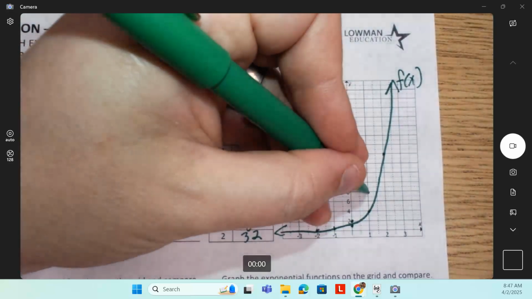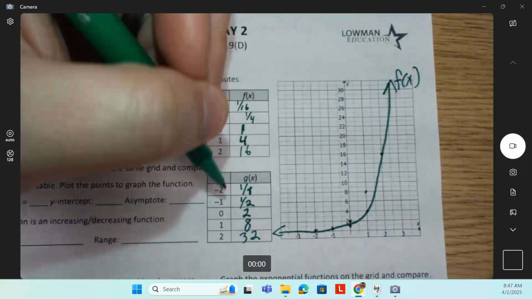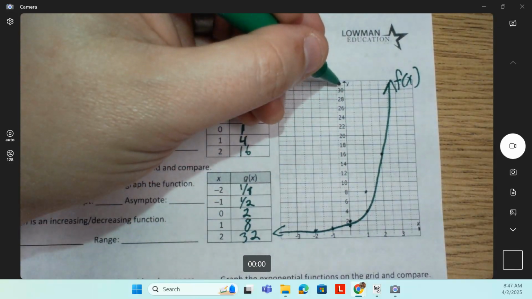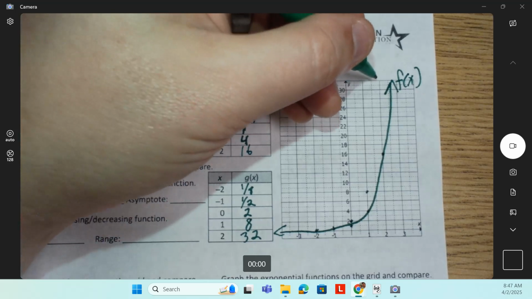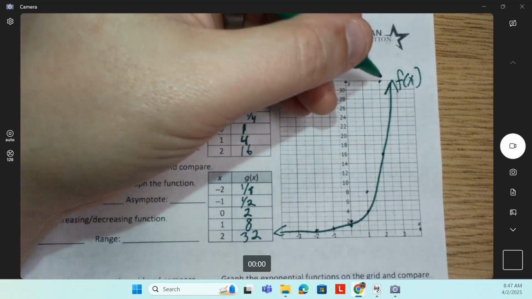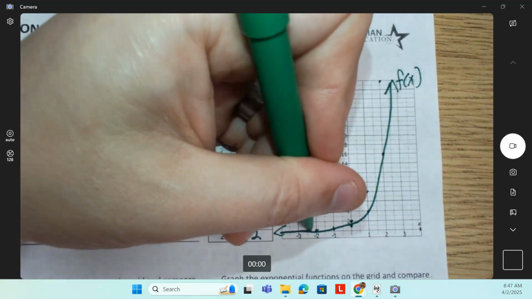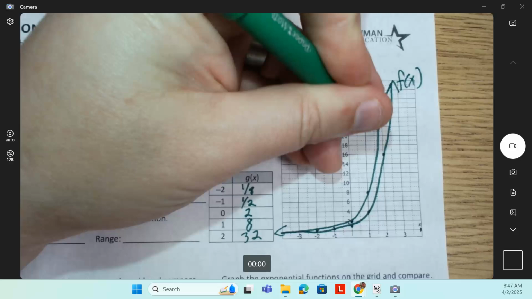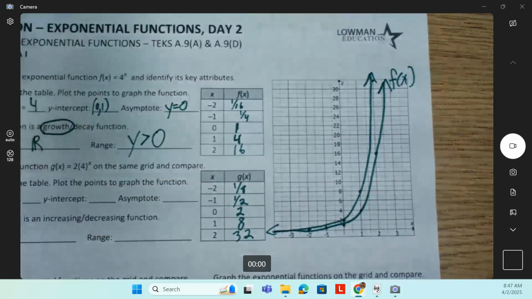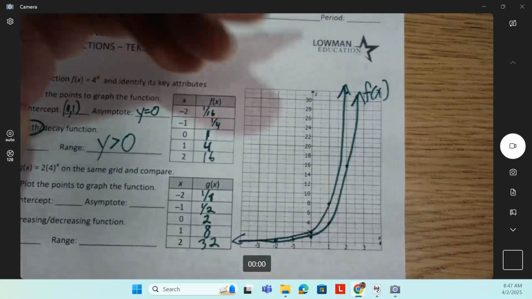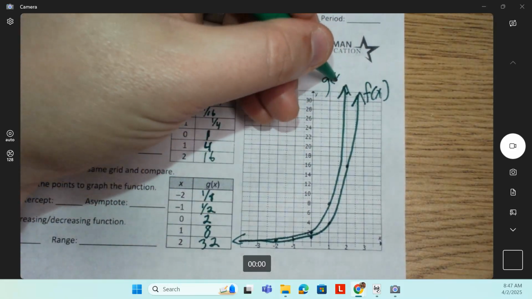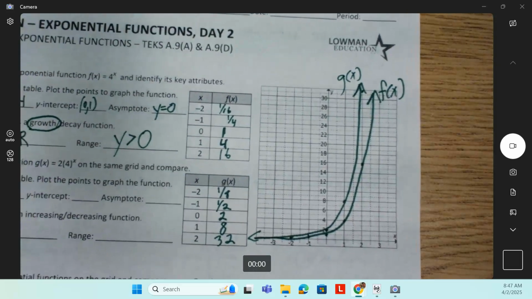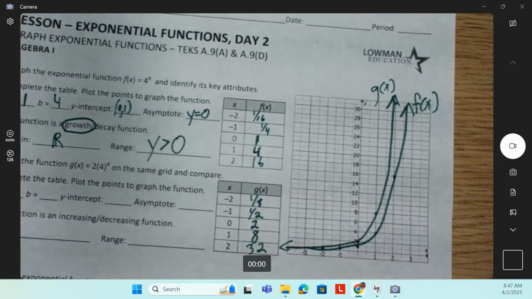At 1, it's up at 8. And at 2, we're all the way up to 32. So we'd be going something like that. Not a perfect drawing at all, but as long as we get the idea of where we're going, we're good to go. So that's g of x.